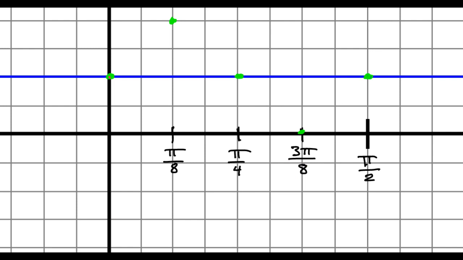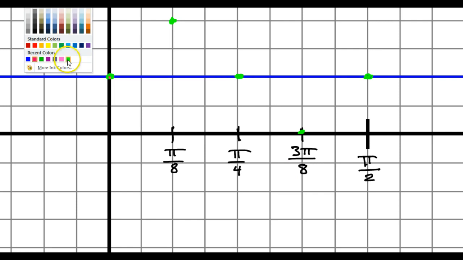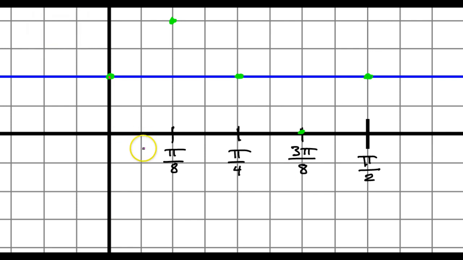Well, the easiest thing to do is to figure out what this number is in between, right here at the beginning. If this is pi over 8, then that makes this pi over 16. That means each square is 1 pi over 16. So I can count up from there.